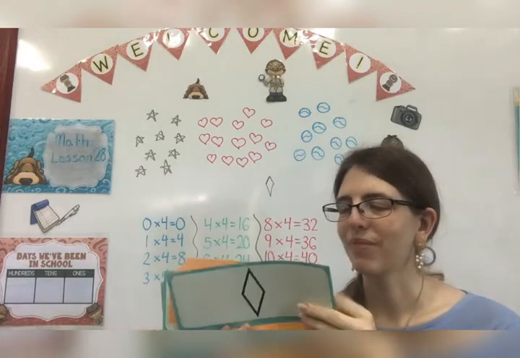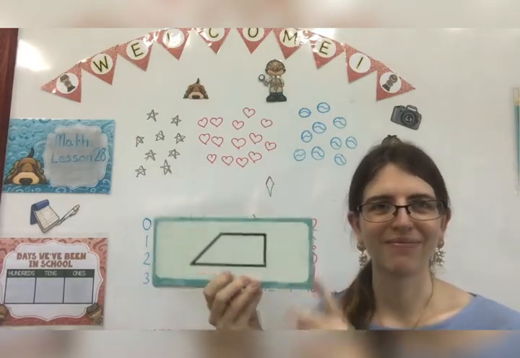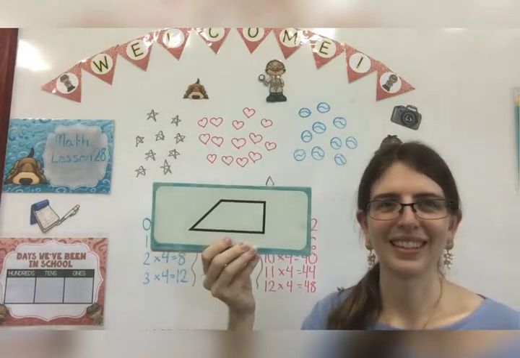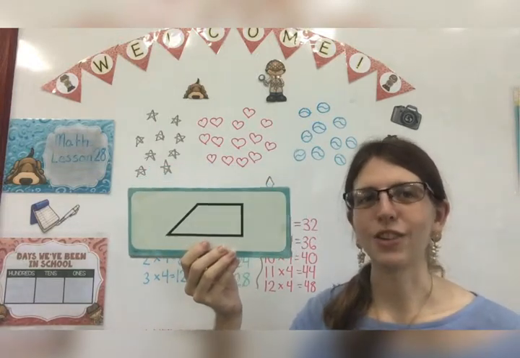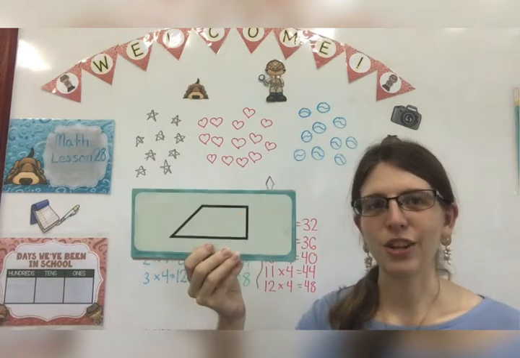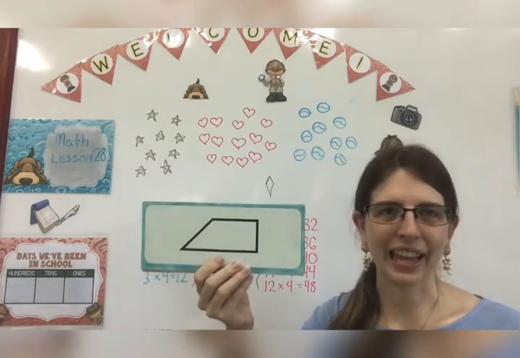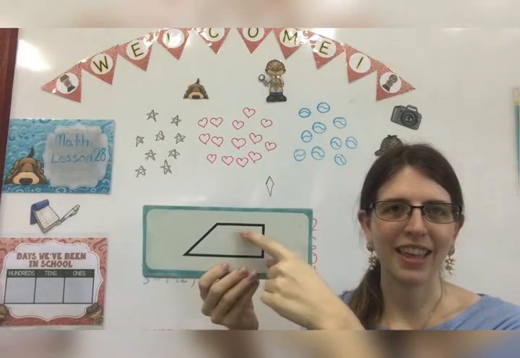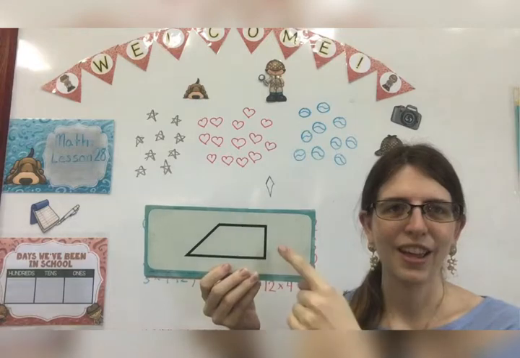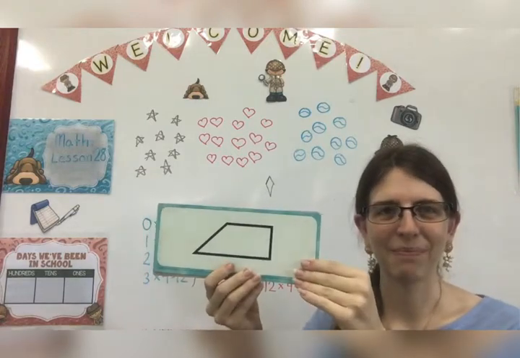Okay, what is this shape? Do you remember? Trapezoid. In a trapezoid, none of the sides have the same length. This side is the shortest, then this side, then this side, then this side.